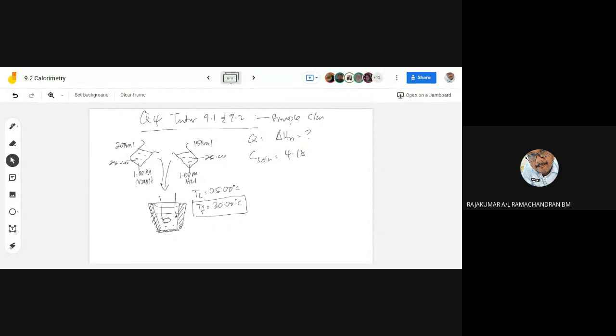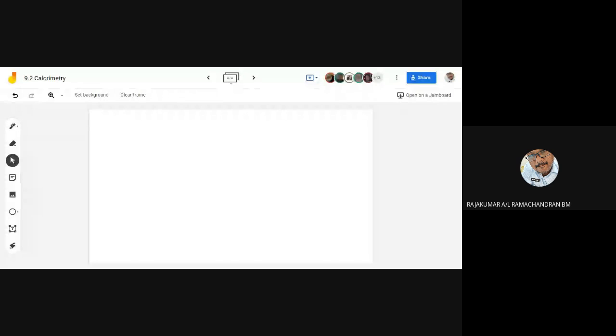So we will have formula here. First, before that, we have to calculate the step. The calculation step begins with calculating number of moles. Okay, kita mula-mula kira number of moles. So we calculate number of moles of NaOH, MV over 1000. This is the first step. Okay. M is 1.00. Kita dah tengok tadi. V is 200 divided by 1000.